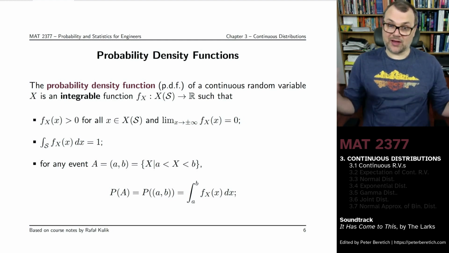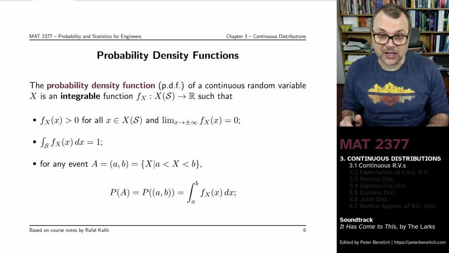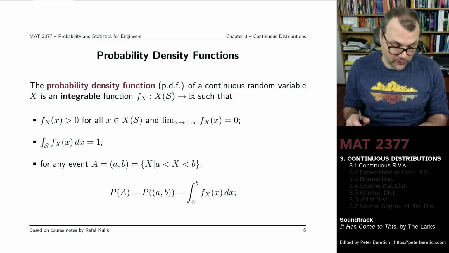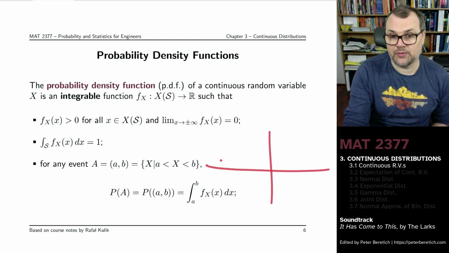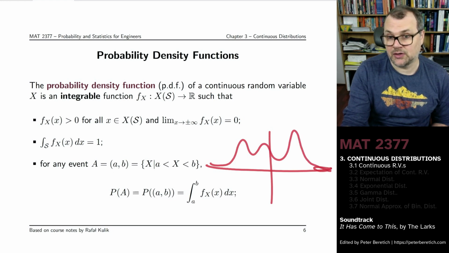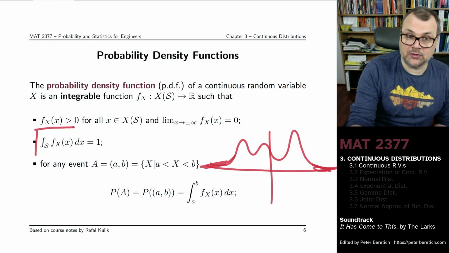The limit in both cases, whether you go to positive infinity or negative infinity, has to be equal to 0. Let me just give you a little chart here. Whatever the PDF looks like, it can have funny things, but it's got to go to 0, because if it doesn't go to 0, you will not have the ability to have the integral equal to 1.